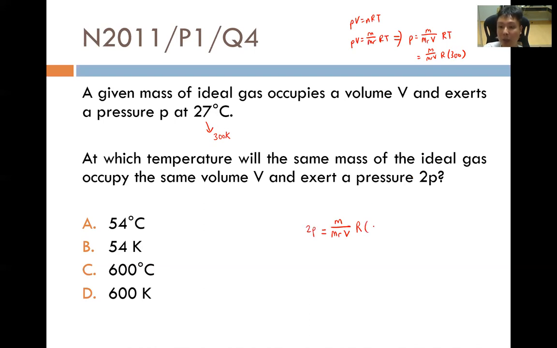So we need to double the temperature from 300 to 600 in order to achieve a pressure of 2P. And hence, the answer to this question is the temperature needs to be 600 Kelvin.